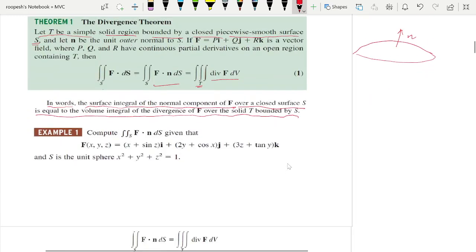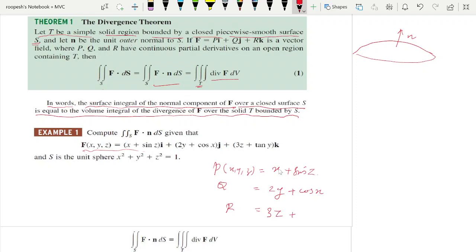We are asked to compute the double integral over S of F dot n dS given that F value. So we should identify here what is P of x y z. P of x y z is x plus sine z. Similarly Q, what is Q here? Q is 2y plus cos x, and lastly R. R is given as 3z plus tan y.